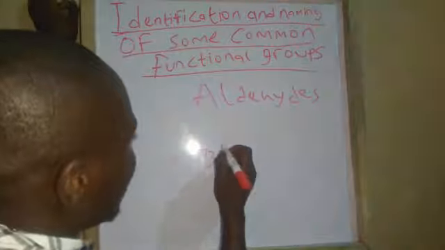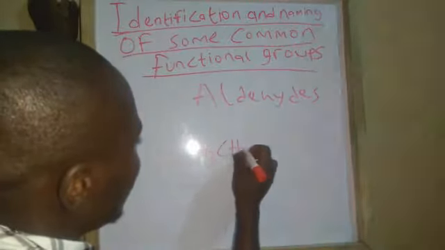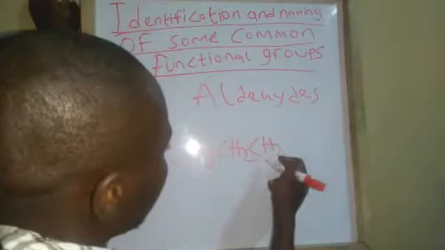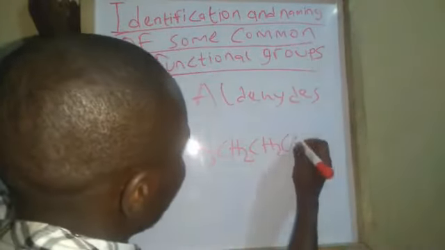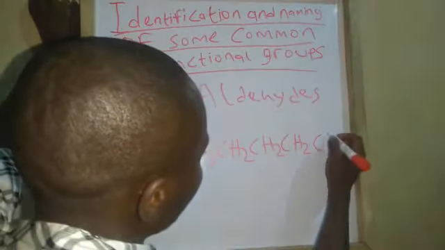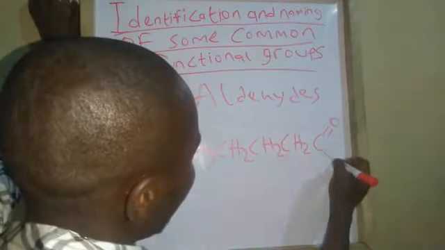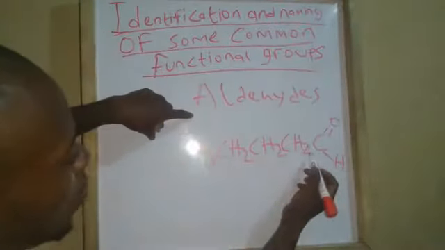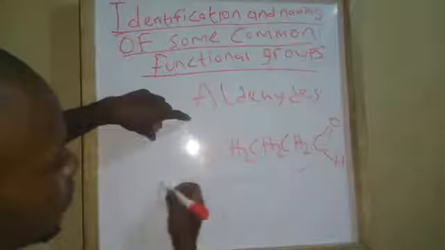CH3, CH2, CH2, 1, 2, 3, CH2, are you getting it? Then CO, then H. Now look, this is RCHO, this is our R part. Are you getting it?